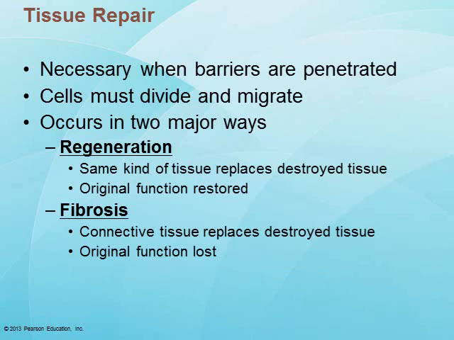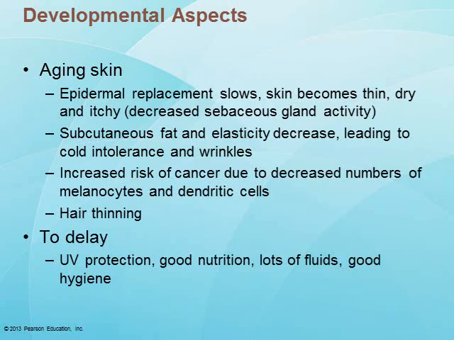In our body, when we were young, we could repair quickly. But as we age, epidermal renewal slows down, and the skin becomes thin, not so elastic, and dry, because activity like sebaceous gland activity decreases.